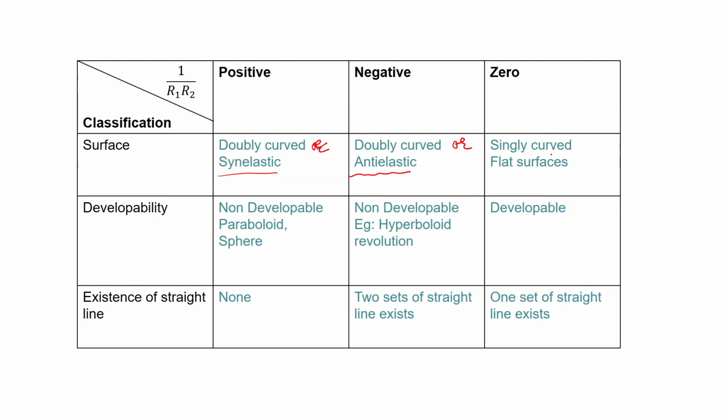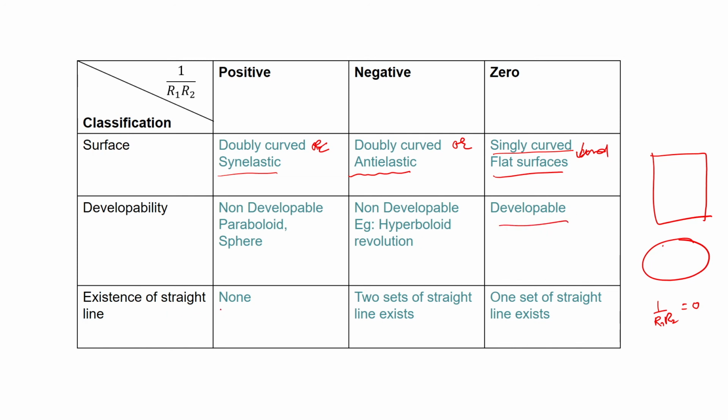If Gaussian curvature is 0, then it is a singly curved or flat surface. Flat surfaces also have zero curvature, like a plate or a circular plate. So, positive is non-developable, negative is also non-developable, but zero Gaussian curvature has the developable feature.